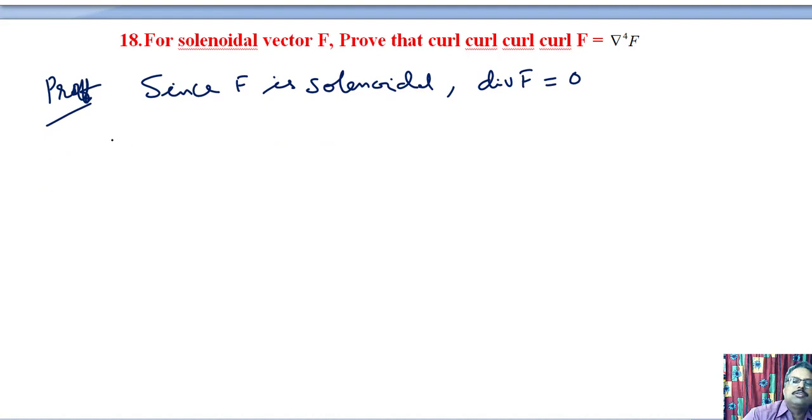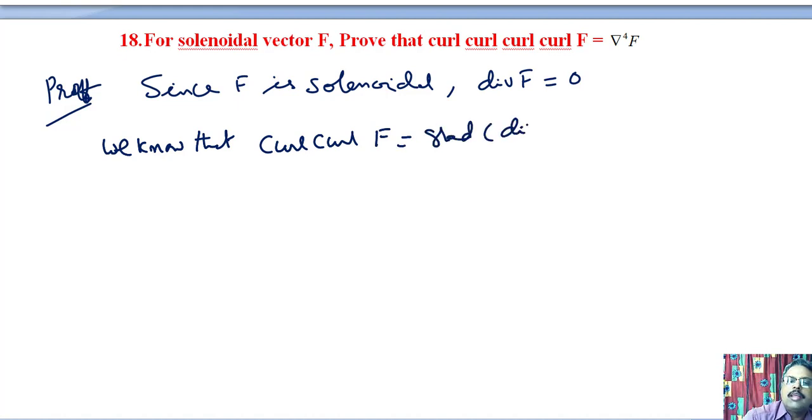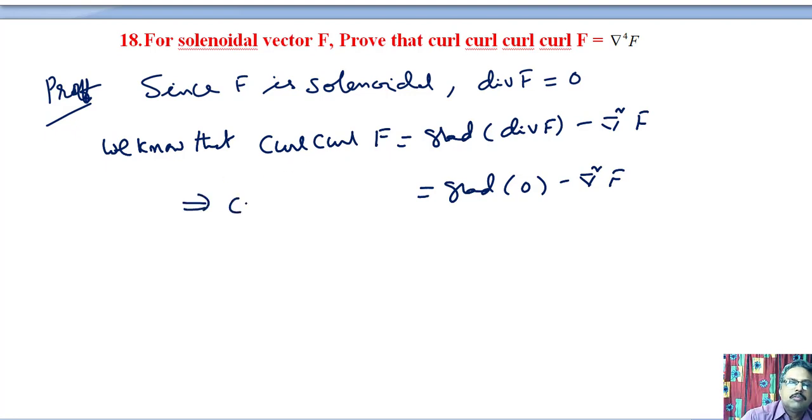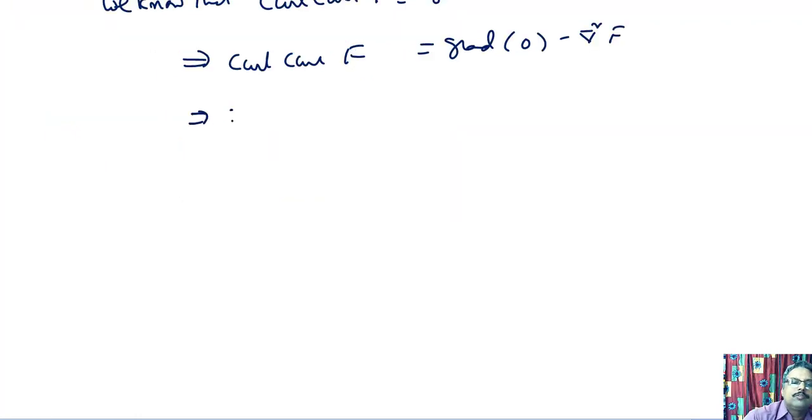First, we know that, just recall the previous result, curl curl F equals gradient of divergence of F minus del square F. Here F is solenoidal, so divergence of F is 0, then gradient of 0 minus del square F. Curl curl F equals, finally what do you get? Curl curl F equals minus del square F.